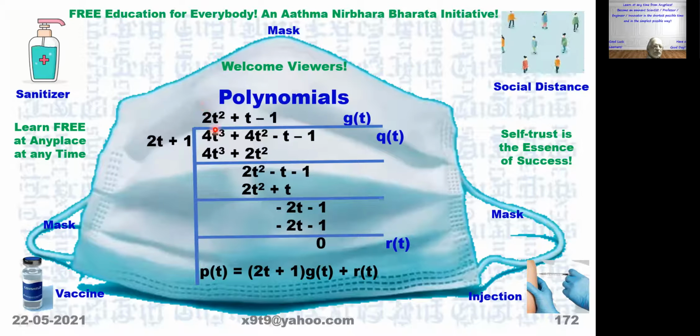So write it here. Now multiply 2t square and this 2t, and you will get 4t cube, which is written here, and then multiply this 2t square by this 1, you will get plus 2t square. Now draw a horizontal line like this, then subtract.